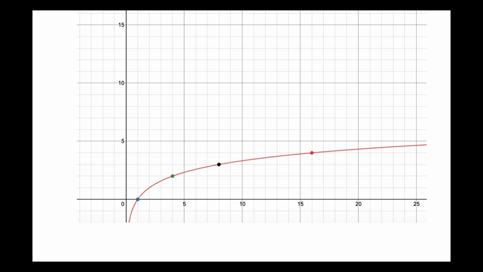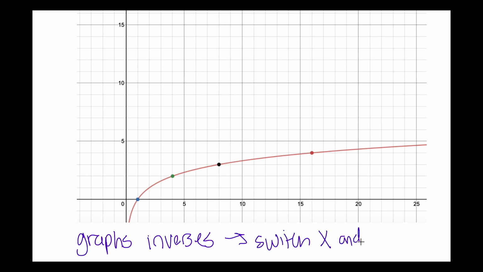Now, when we're graphing exponential and logarithmic functions, the graphs will be inverses. This means you switch the x and y coordinates.